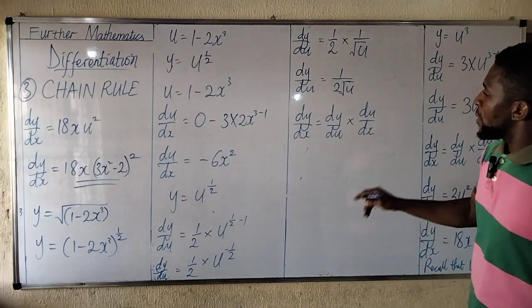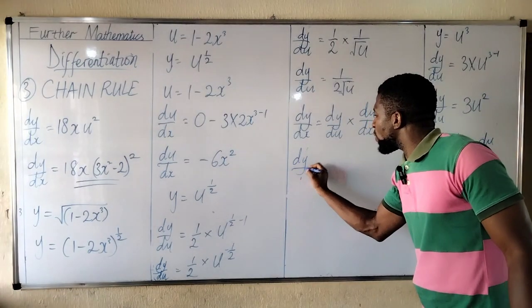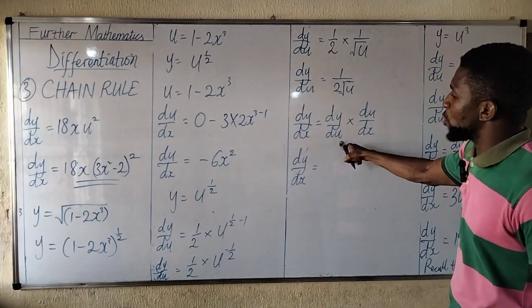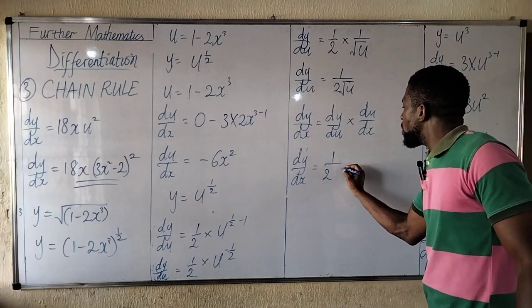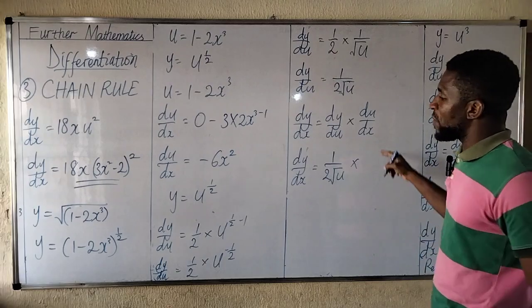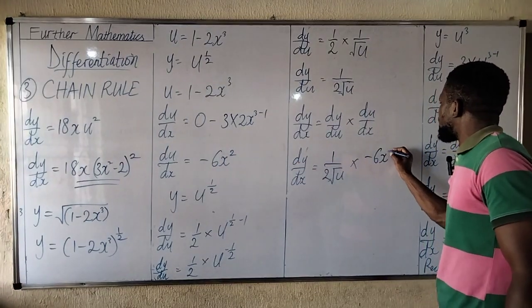Substitute. Okay, so everybody can see the board. So dy over dx will be, what is the value for dy over du? We have it here to be 1 over 2 root u times, what is the value of du over dx? The du over dx is negative 6x squared.